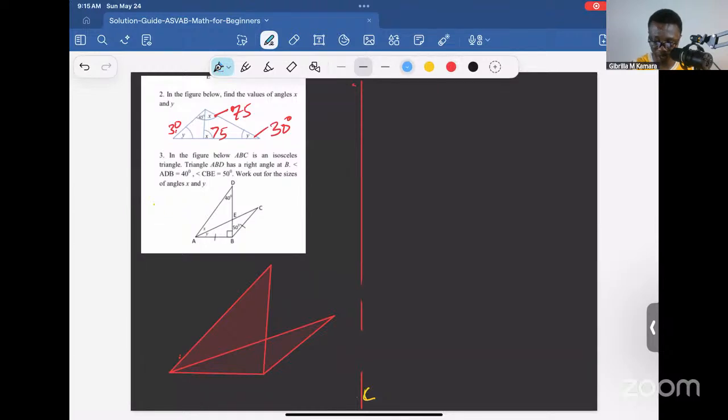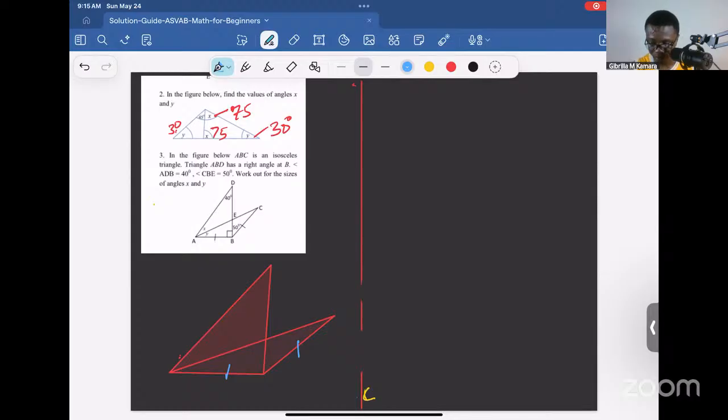We have this line, then this line. That shows that that particular triangle is an isosceles triangle. Once you see those, it tells you that the base angles of the isosceles triangle are the same.